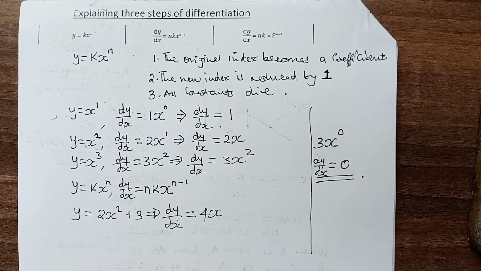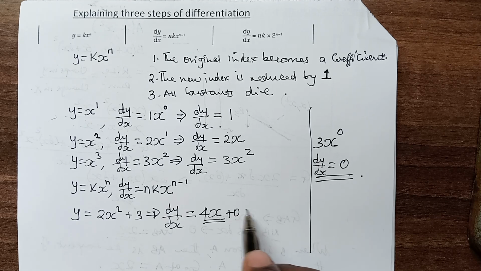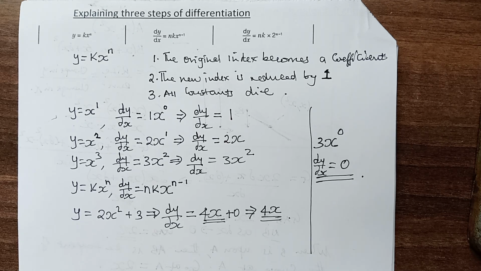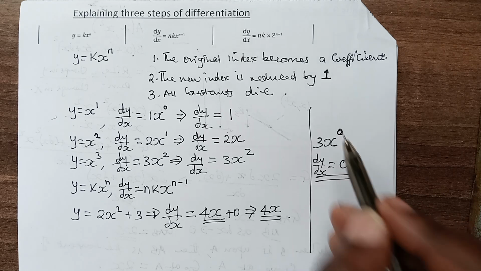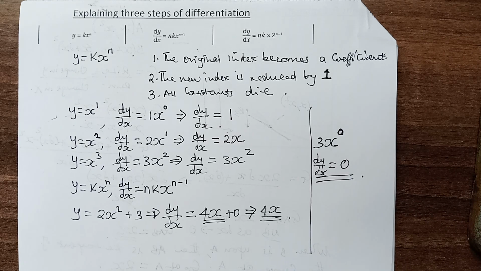And that is how all constants die. So our gradient in this particular case remains that plus 0, which is of no use. Even if you say plus 0, then the gradient is always 4x. And that is just how all constants die, due to the fact that they originally had power 0.